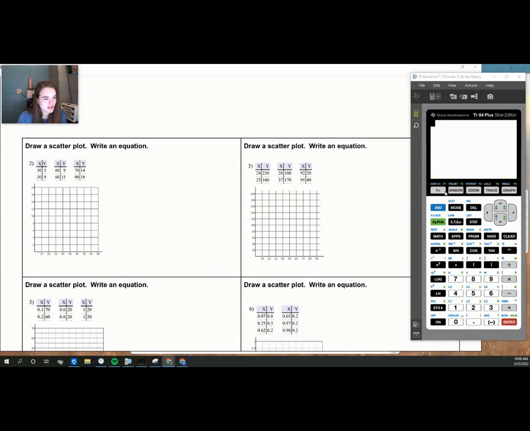Reset your calculator like you've been doing. Then we are going to go ahead and press Stat and Edit. And we're going to type in the X's for L1, the Y's for L2. So 30, enter, 30, enter, 60, enter, 60, enter, 70, enter, 90, enter.